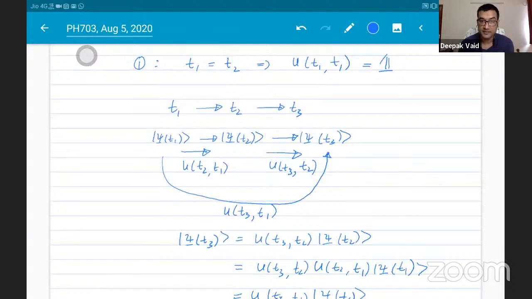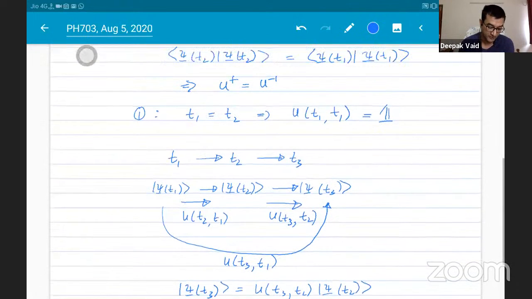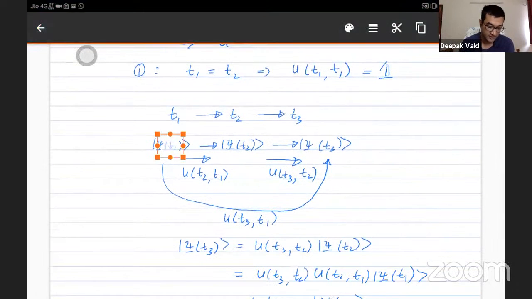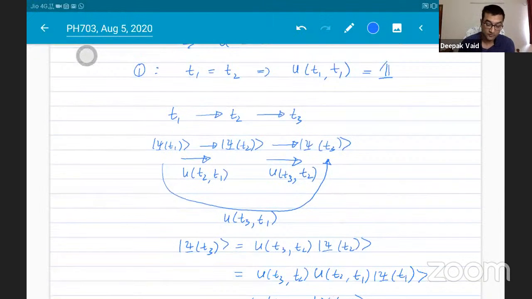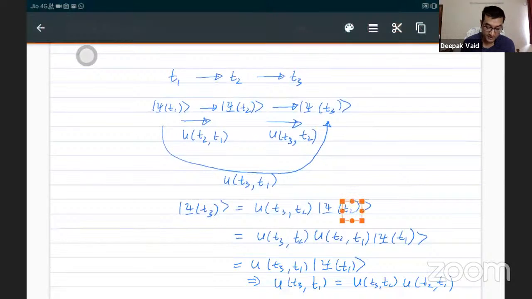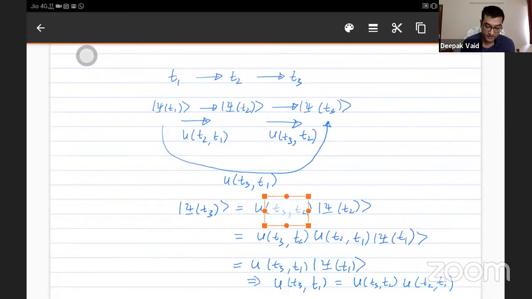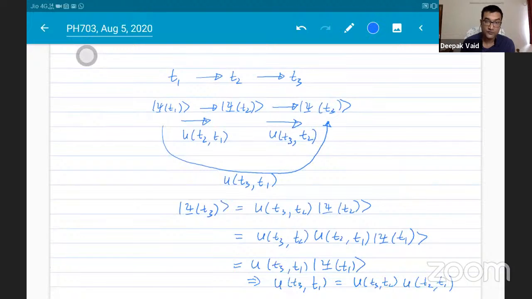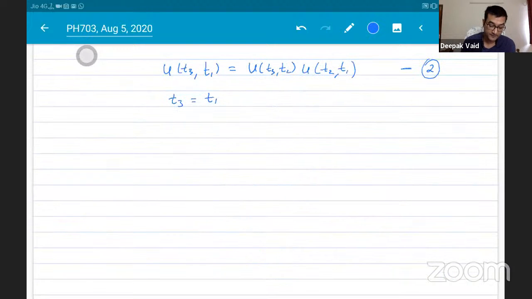This is just some parameter. Psi is some function of some parameter T. So as far as just the formal mathematics is concerned, there is really nothing stopping us. Instead of writing this as T3, we can write this as T2 and this as T3, and then we can reverse these two arguments. So this becomes U of T2, T3.